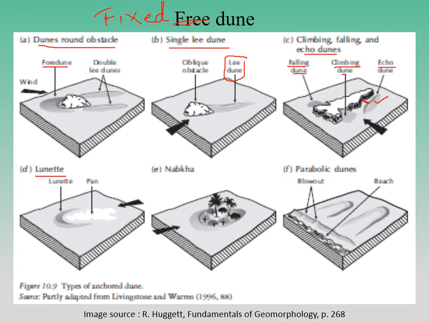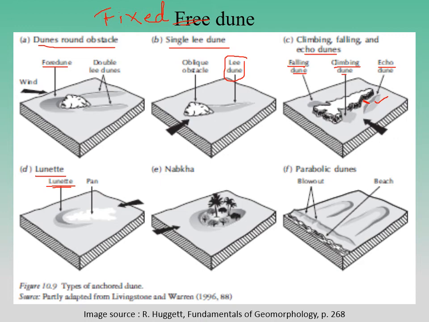Now, one interesting thing is that these are almost close in appearance to Barkhan dunes or parabolic dunes, but these are not parabolic dunes, because parabolic dunes occur only in the coastal areas. And again, this is not Barkhan dunes, because Barkhan dunes are free to move, changing their position with the moving air. But the lunate dunes are always fixed in their positions.